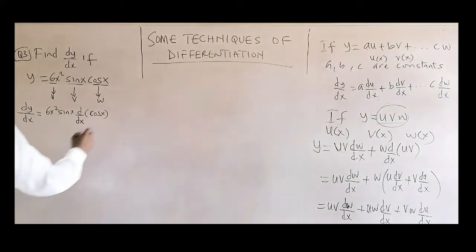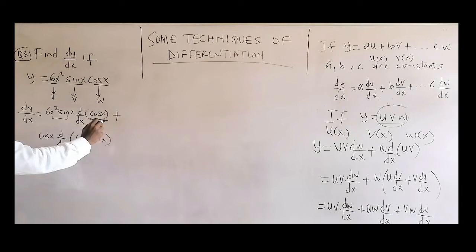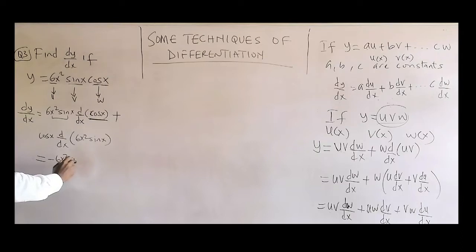Then plus: the one you are differentiating here, keep the two others constant, and differentiate. In the first instance, that will be 6x squared sine x times d/dx of cos x. The derivative of cos is minus sine, so that will be minus 6x squared sine squared x.